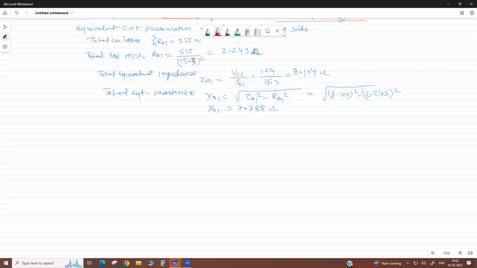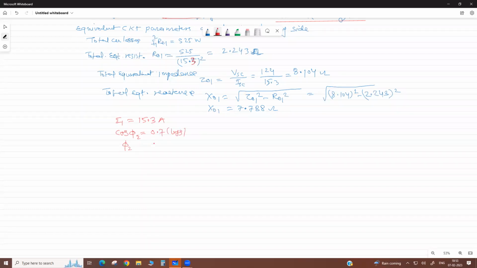So we get these equivalent circuit parameters. Correct. Now we know the primary side current is 15.3 amperes. Now, as the power factor is lagging, cos phi is given. Either one you take, cos phi is 0.7 lagging.